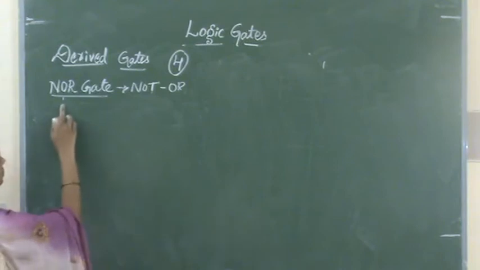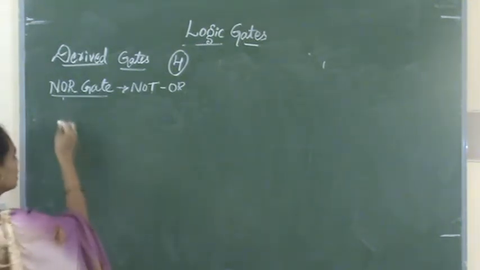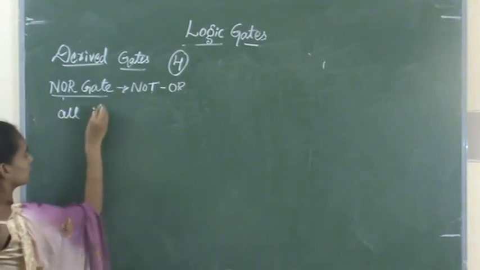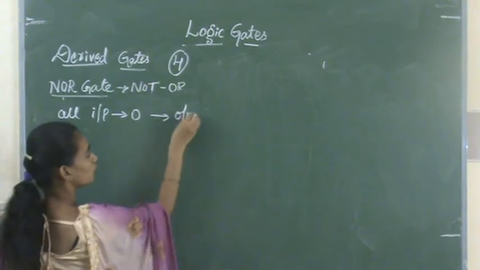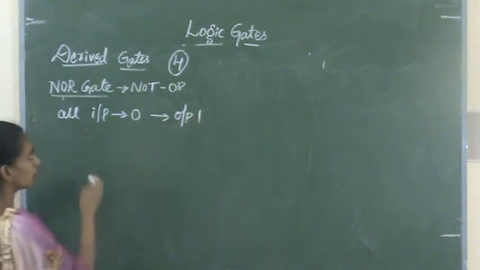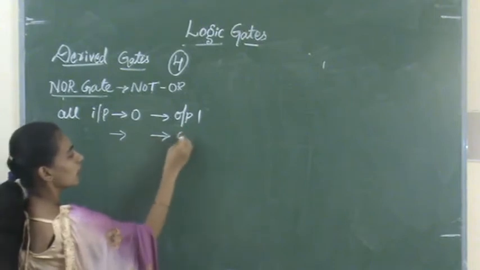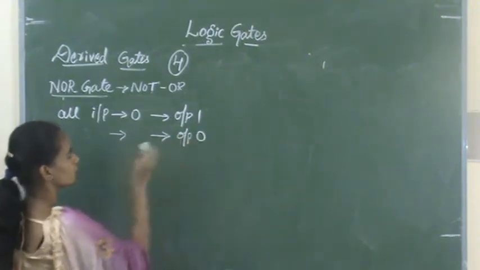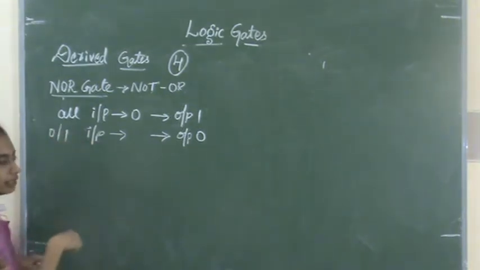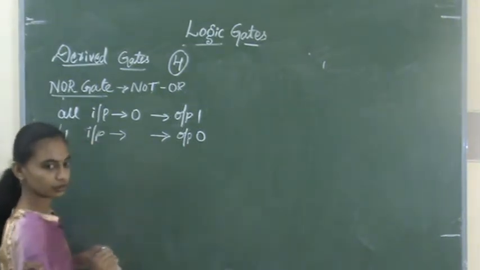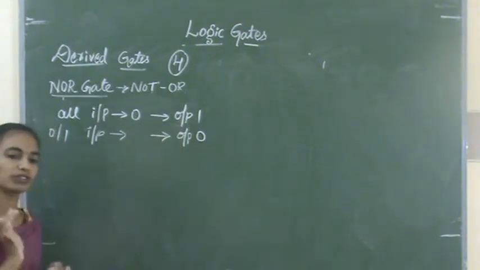In this NOR gate, only when all the inputs are 0 will the output be 1. Otherwise, the output will be 0. The input may be either 0 or 1, but the output will be 0. So only when all the inputs are 0 will the output be 1.